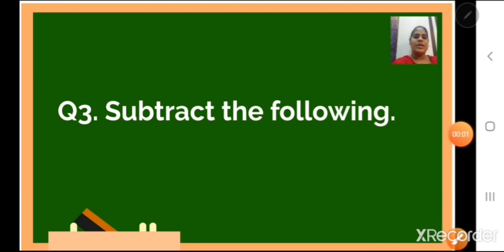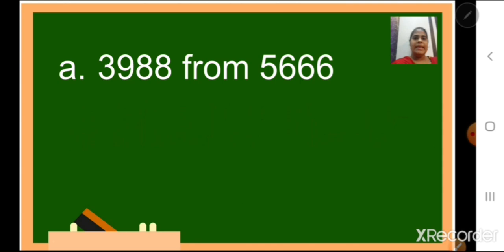Moving towards question number 3, subtract the following. In that, a question is 3,988 from 5,666. Children, in this question they have not given us the boxes. The formation of the question is different.